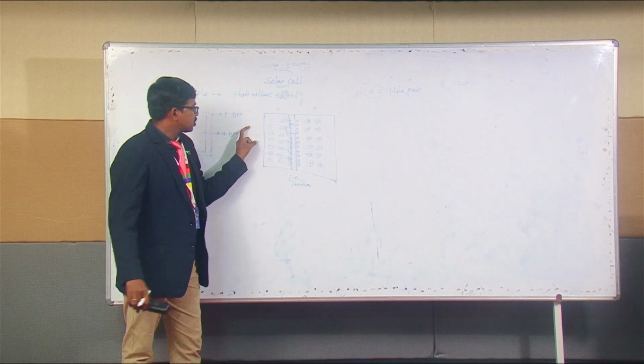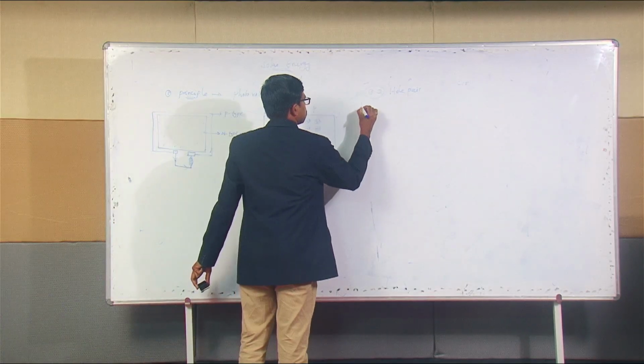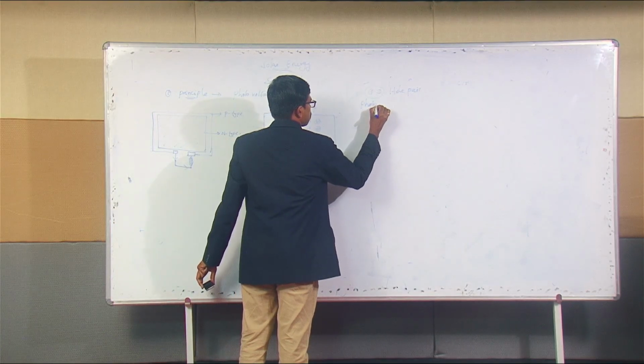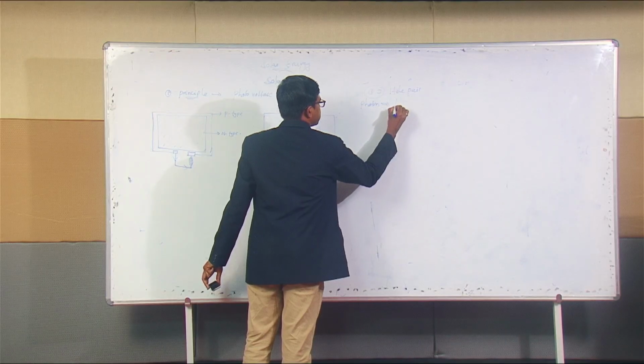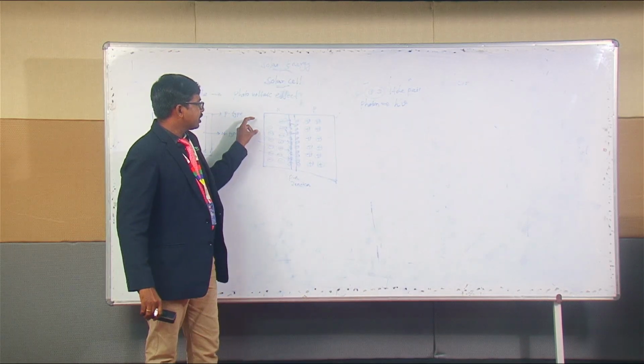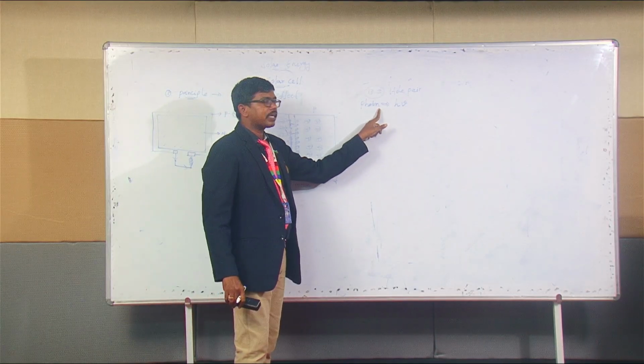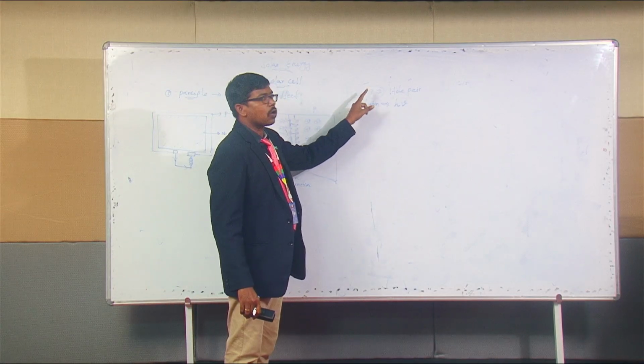So you know well that the sunlight has a photon energy equal to h nu. So after it reaches the PN junction, the energy h nu can dissociate this electron-hole pair.